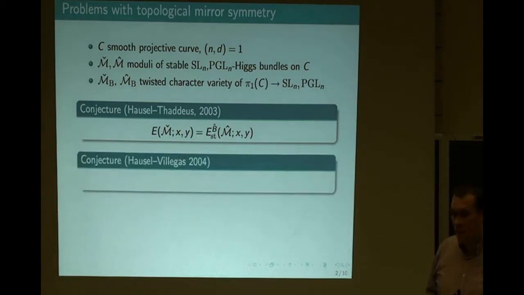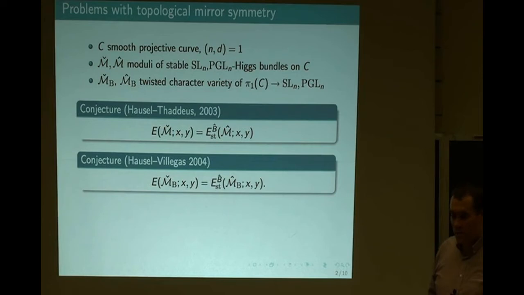Then the second set of conjectures we had yesterday concerned the Hodge numbers, or rather this Serre polynomial, this E polynomial, which is an alternating sum of these Hodge numbers, agreement for the character varieties. So we took the SL_n character variety, the representations of the fundamental group into SL_n.